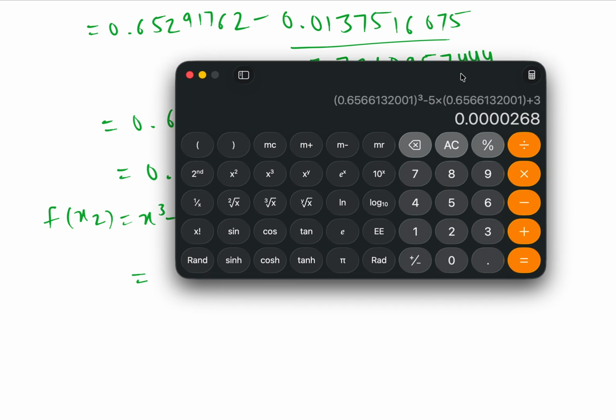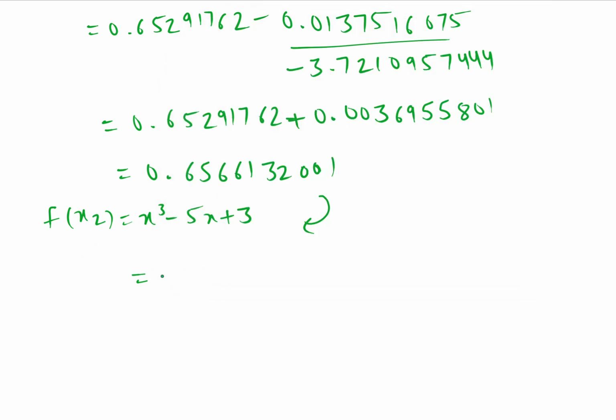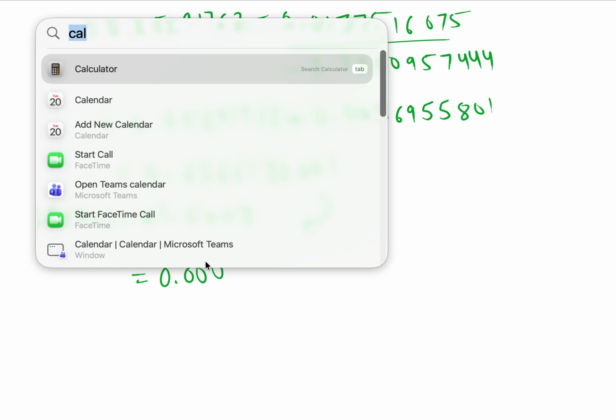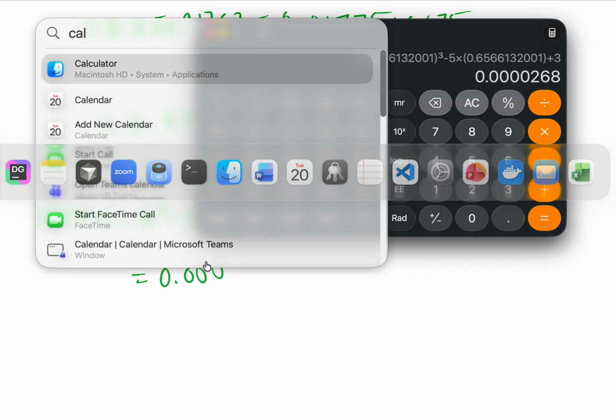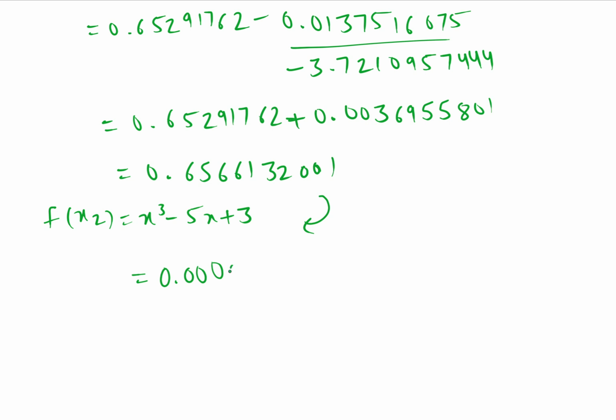So the answer is 0.0000000268, so here we have got four zeros, so we can consider this as our answer.